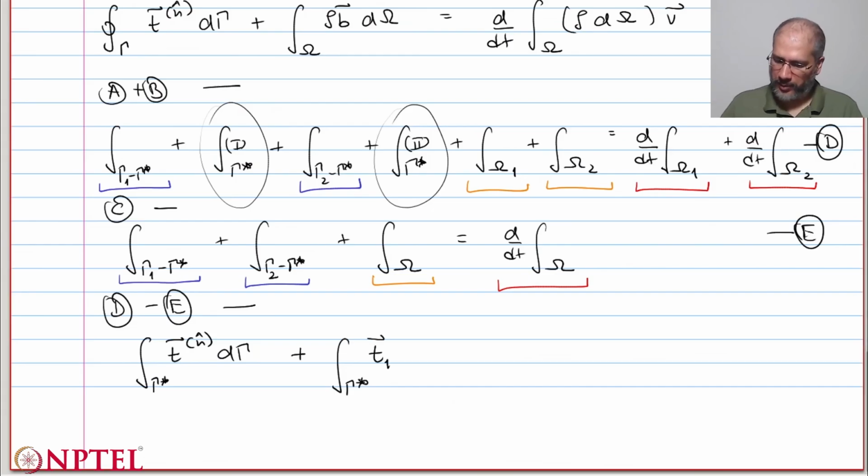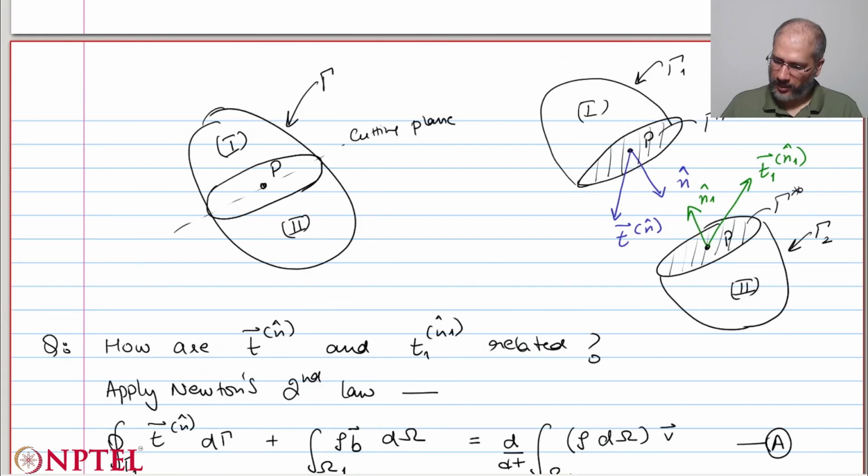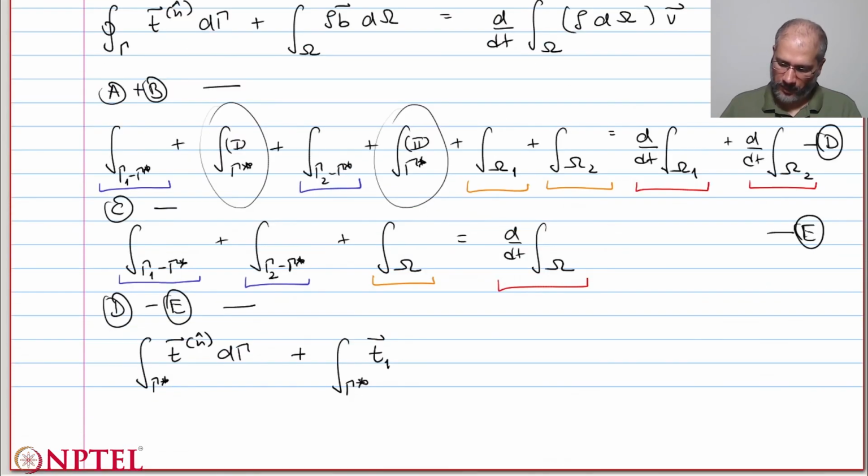Let me quickly go up and have a look. So you can see that in this green color here, we have written the traction vector as T1 with the superscript N1 hat. So we'll use these symbols. This becomes T1 superscript N1 hat times d gamma, and that's a 0.